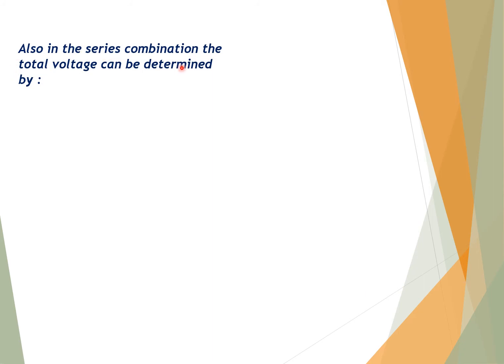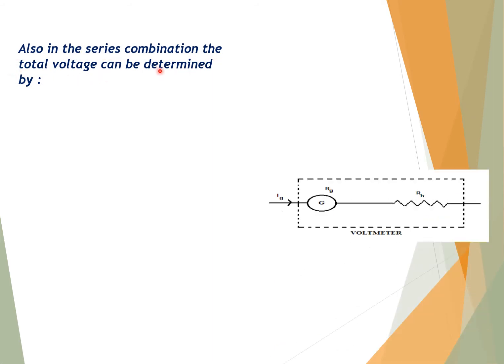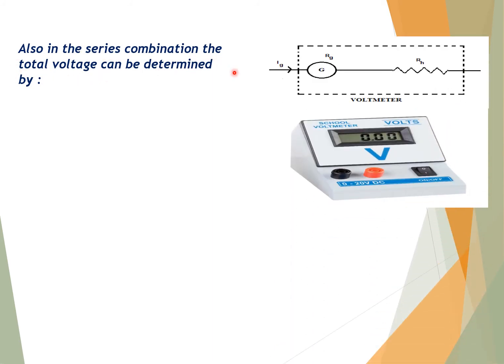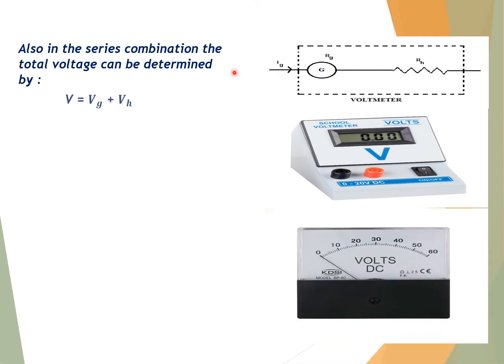Also in a series combination, the total voltage can be determined by V is equal to Vg plus Vh, because Vg is the potential across the galvanometer and Vh is the potential across this high resistance.